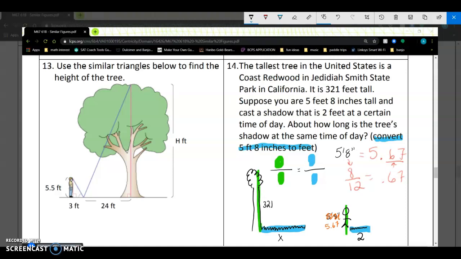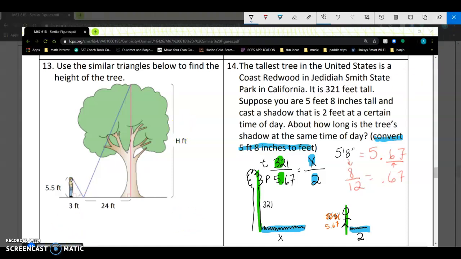I'm going to do the tree on the top, and the person on the bottom. So the tree, 321 for green, the person, 5.67. For the blue, the tree is X, and our shadow is 2 here. So now I'm actually going to switch over to the document camera to complete this so we have a little bit more space. 5.67 is equal to x over 2.